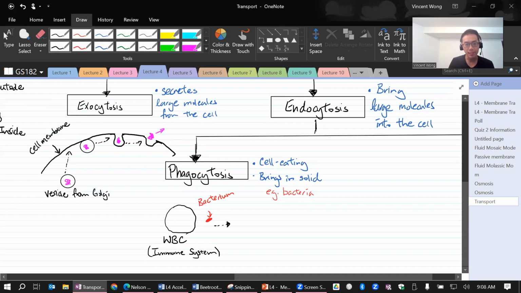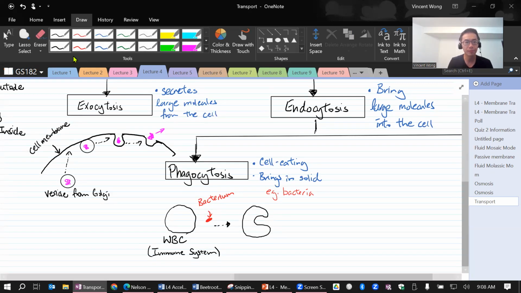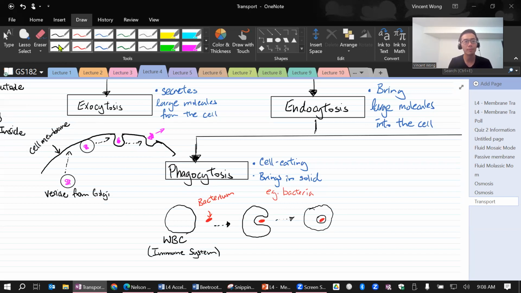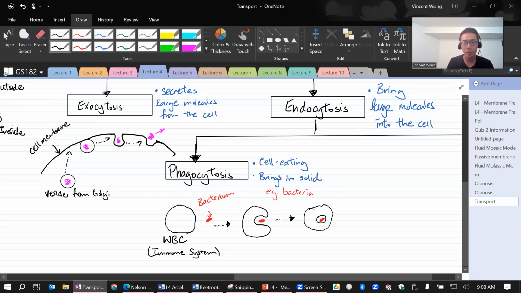So what happens is the white blood cell will go and surround the bacteria like that, and then it would eat it up. That's called phagocytosis.